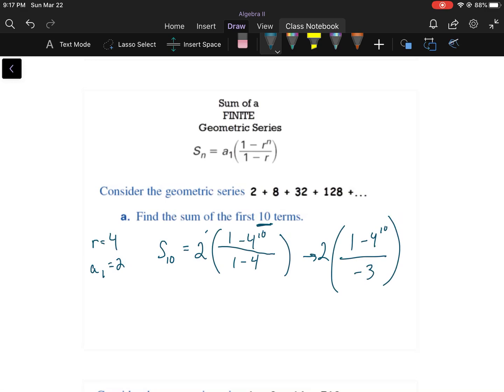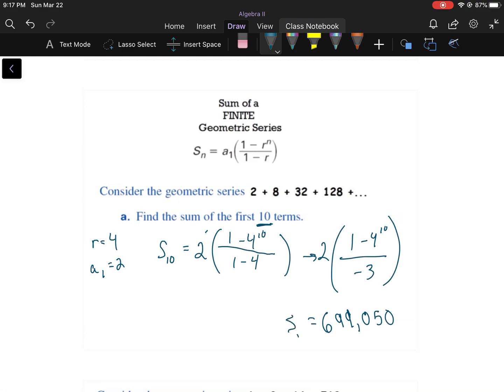1 minus 4 to the 10th. Okay, divided by a -3. And then times 2. And I get 699,050.